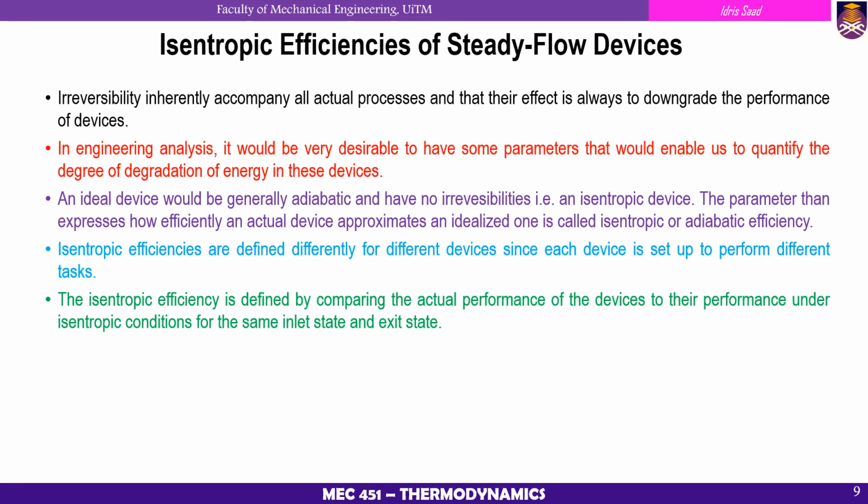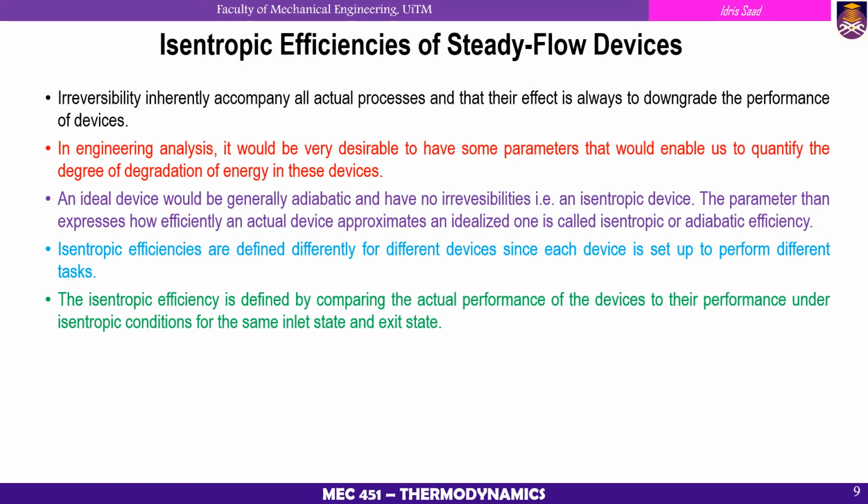This is due to irreversibilities, including friction, unrestrained expansion, mixing of two fluids, heat transfer across a finite temperature difference, electric resistance, inelastic deformation of solids, and chemical reaction, whose effects always downgrade the performance of devices. We have discussed this irreversibility in the topic of reversible and irreversible processes.